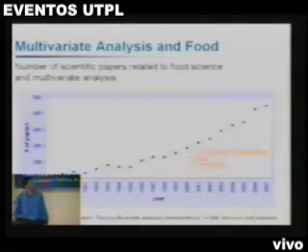Okay, this is a search I made on the internet. There is a database of scientific papers called Scopus, and I did this search by looking in the title, the keywords, and the abstract of the papers for the words food, multivariate analysis and chemometrics in the last 20 years.